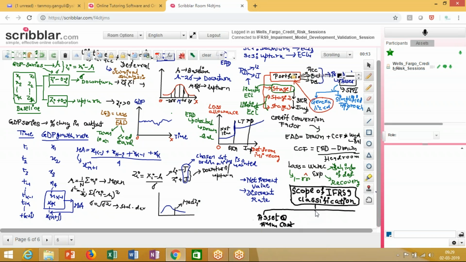The next set of assets that we have over here are assets which are valued at fair value through other comprehensive income.